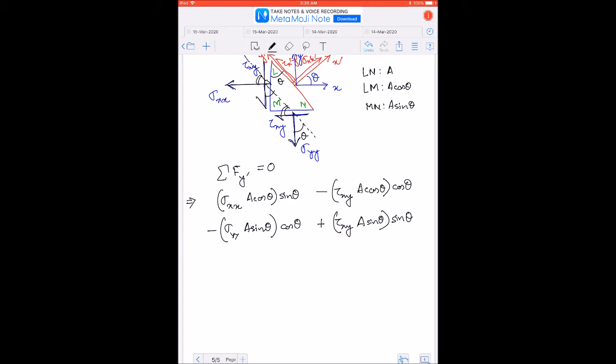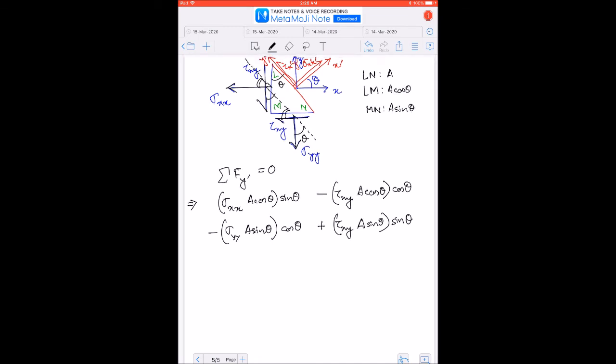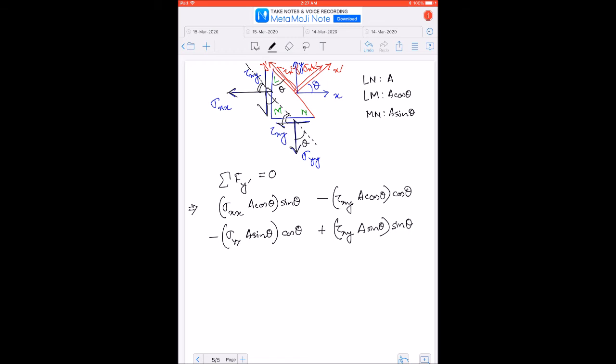And finally, let us not forget the face Ln, for which we have to consider the contribution from the tau x dash y dash, this one, which is entirely along the y dash direction.